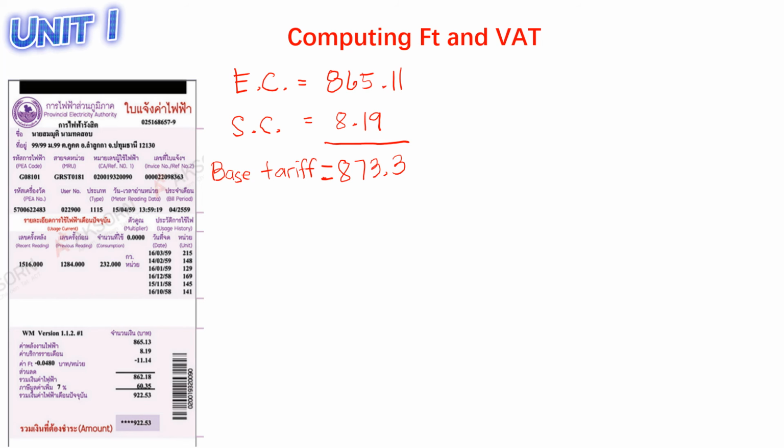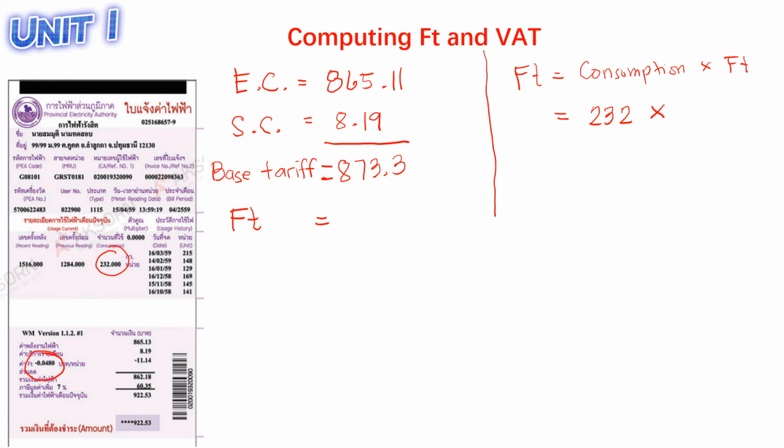Okay, next, let's compute now your FT charge. So this is your FT charge. Again, for the FT charge, that will be your consumption multiplied by your FT charge, right? So consumption is how much? Look at here, it's 232. And then you multiply it by negative 0.0480.